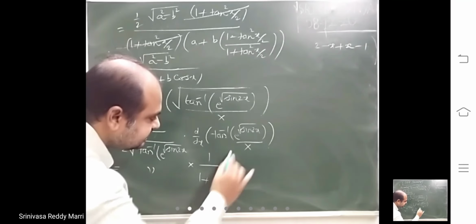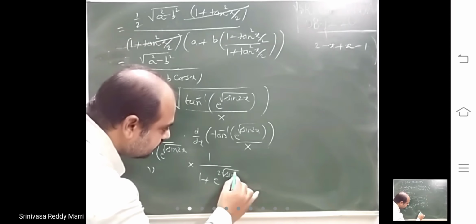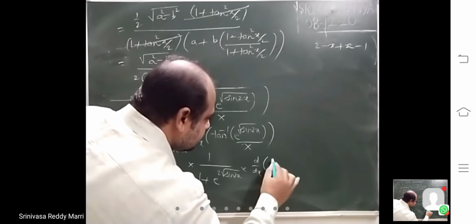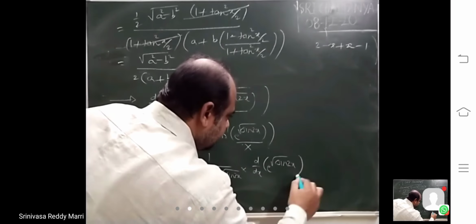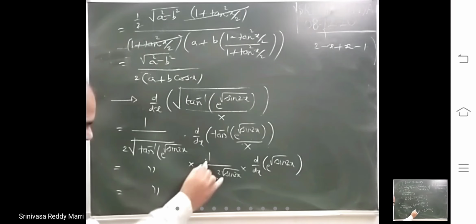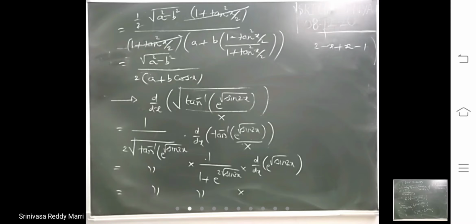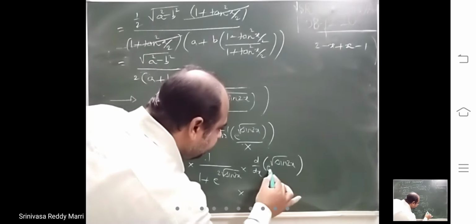Here x square means this square, into again the derivative of x. This will remain the same. Again fresh differentiation. You know the rule for e power x.